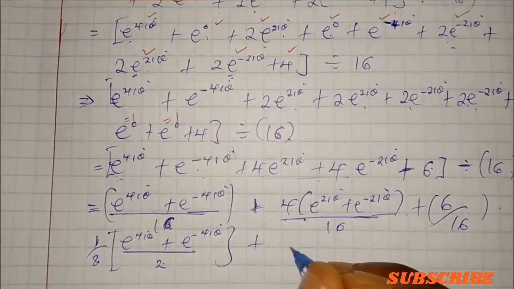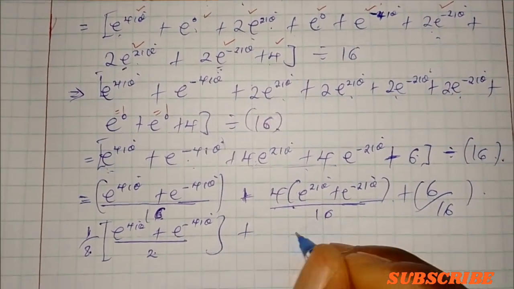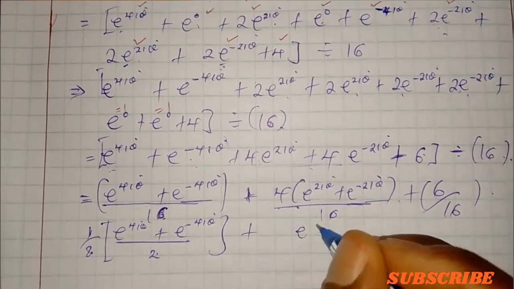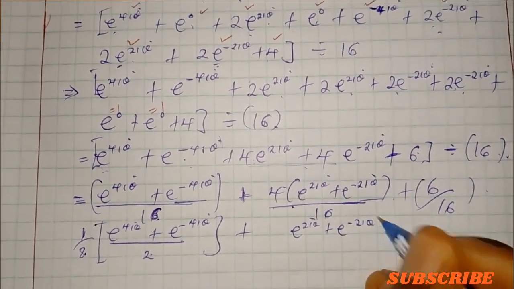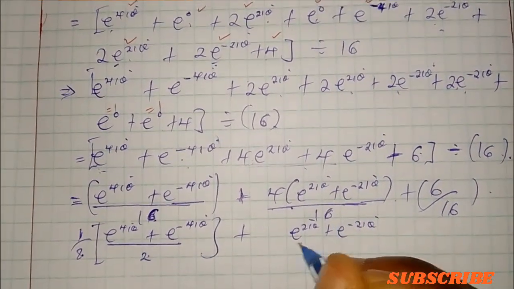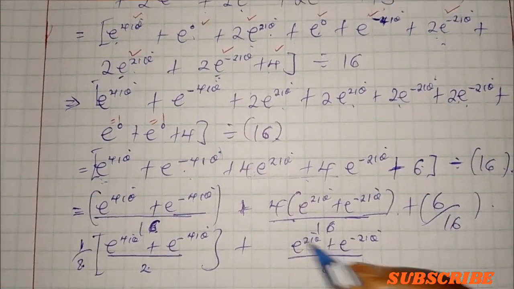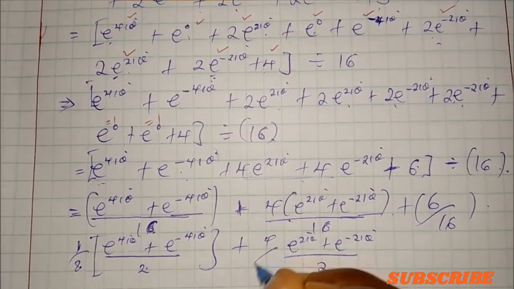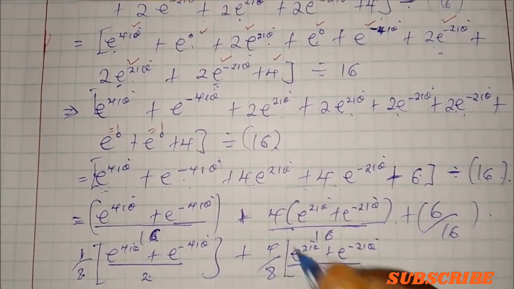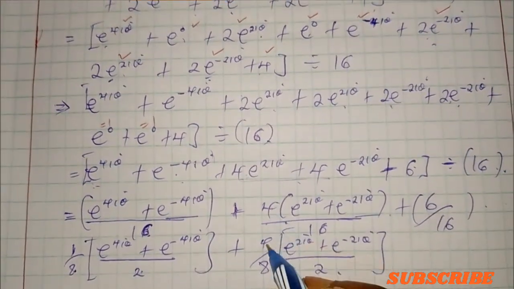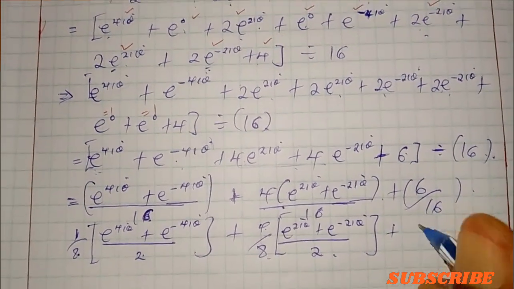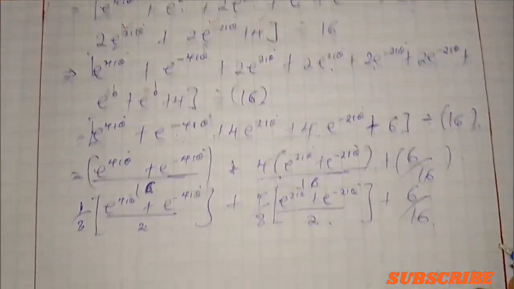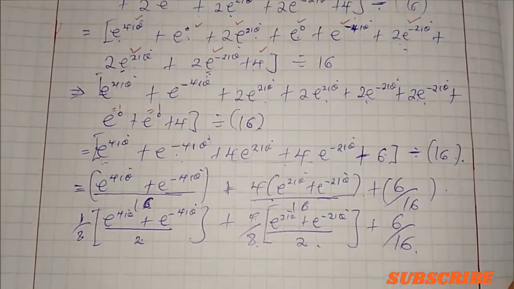Plus e raised to power 2i theta plus e raised to power negative 2i theta over 2. Then it is 4 over 8. This 4, then 8 times this becomes 16, plus 6 over 16.